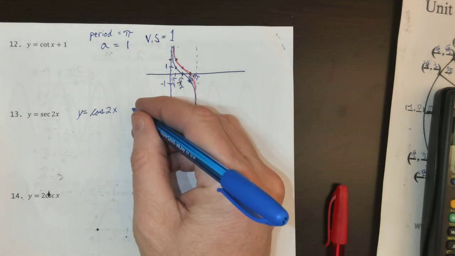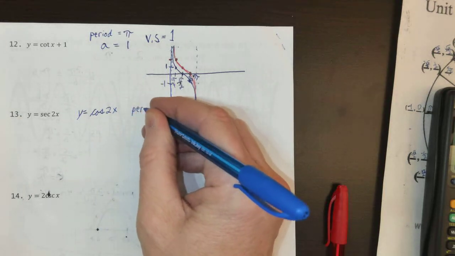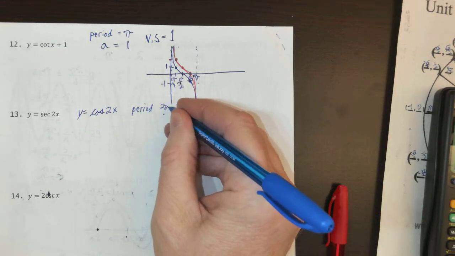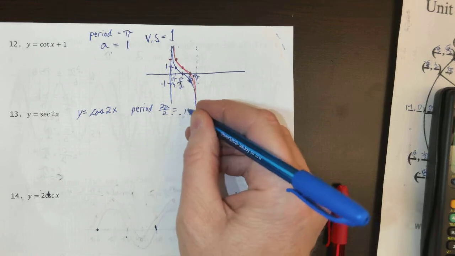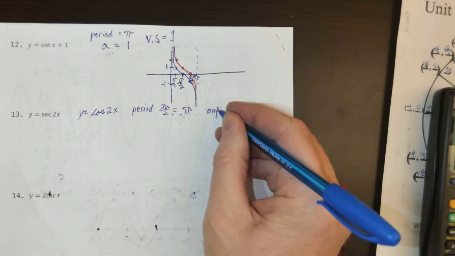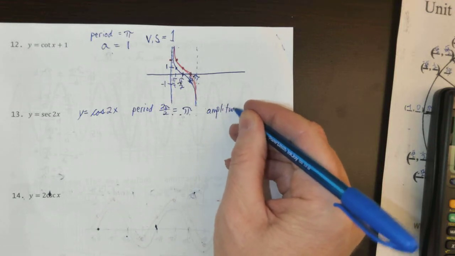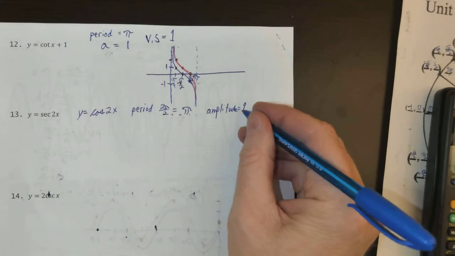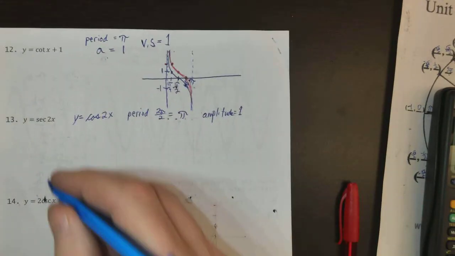Let's deal with the period. The period is 2 pi over 2, so the period is pi. Amplitude is 1. There is no shifting in this one, no vertical shift. So I'm going to graph that first.